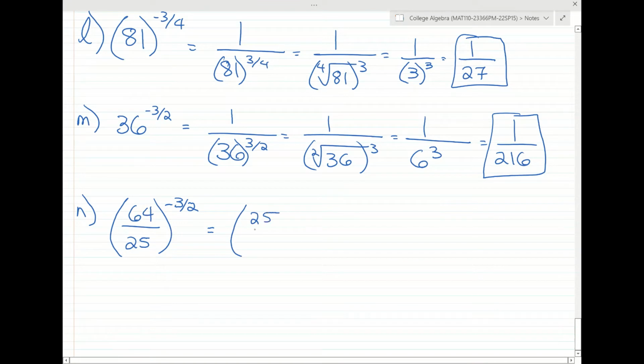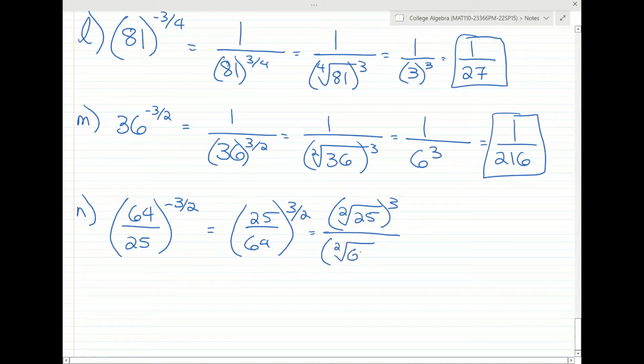This is really just 25 over 64 to the 3/2 power. And then we could take the second root of 25 to the third over the second root of 64 to the third. 5 to the third is 125. The square root of 64 is 8, to the third, which is 512.